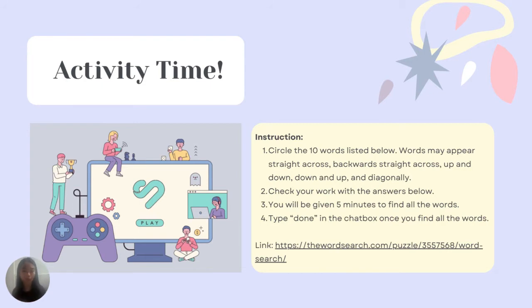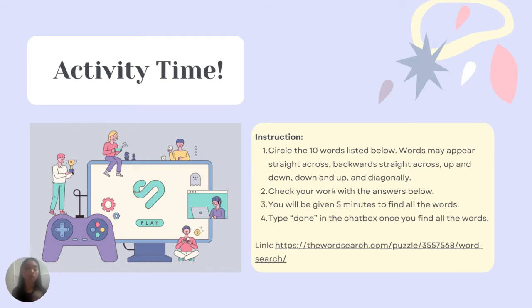Again, first, circle 10 words listed below. Words may appear straight across, backwards, up and down, and diagonally. You can also check your work with the answers below.